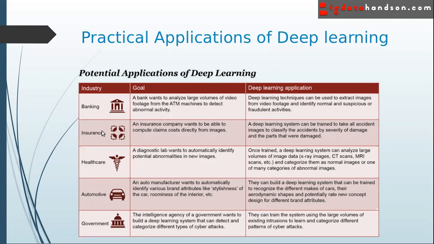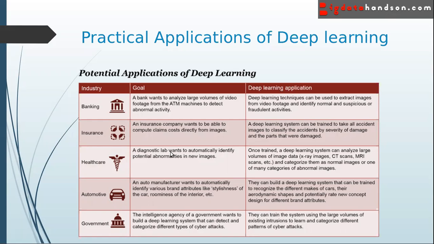Okay, and then in insurance, an insurance company wants to be able to compute claims cost directly from images. And in healthcare, a diagnostic lab wants to automatically identify, for example, pneumonia patients. They have the x-rays of the patients, and using that x-ray itself you can find whether the person has pneumonia or not. Likewise, in healthcare we can use deep learning applications.